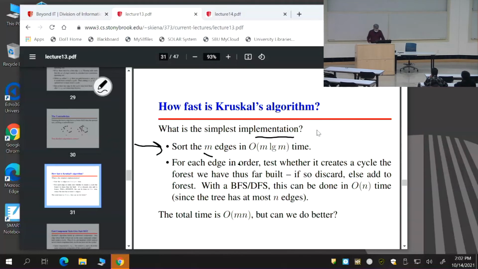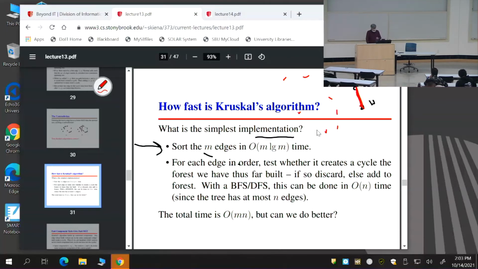What is it that I've got to do? I'm going to take each edge at a time, and I'm going to want to know as I add edge UV, does it create a cycle? You kind of get that idea? I've got a graph that I'm building up. I want to know if I add edge UV, does it create a cycle?